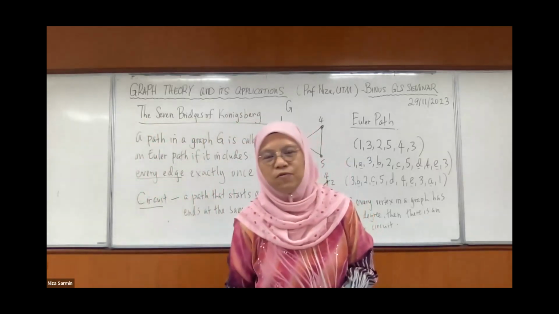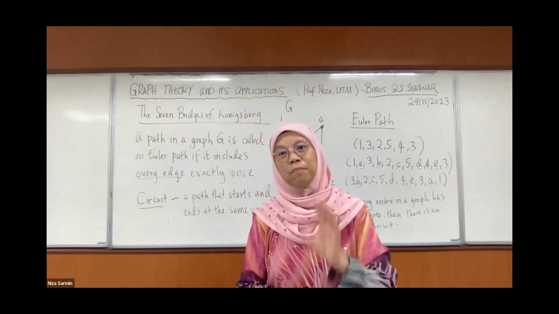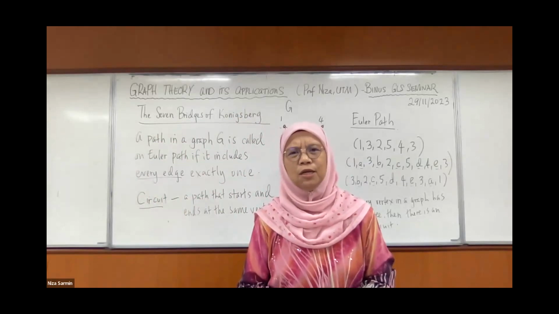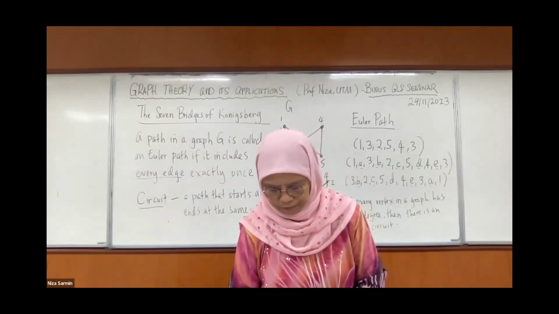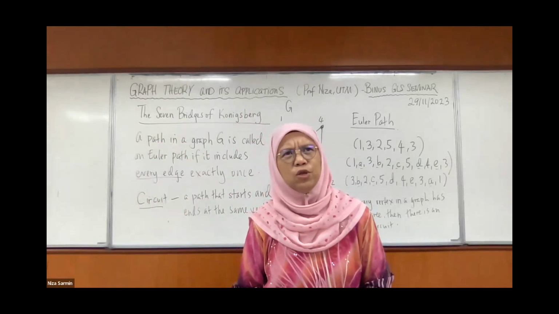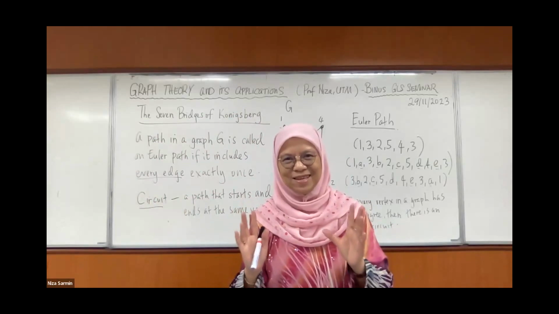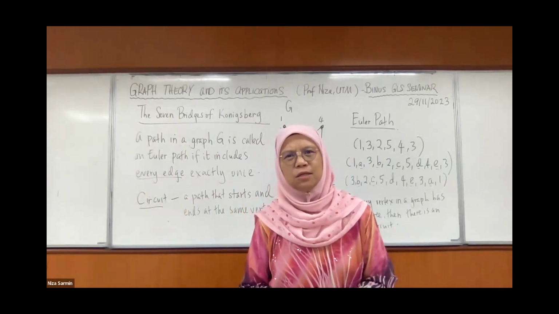This is a very, very interesting and famous problem. I think this is in Germany. Is it in the Soviet Union, Russia or Germany? Try to Google. Yeah, I think it's in Germany.